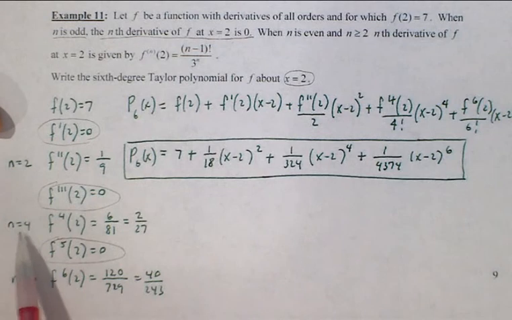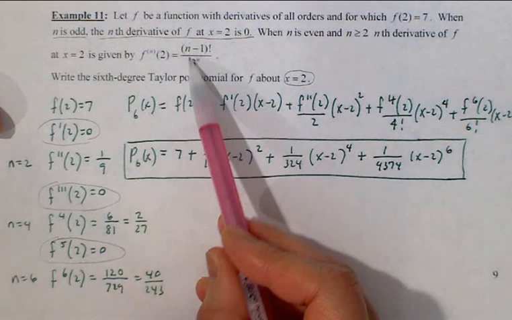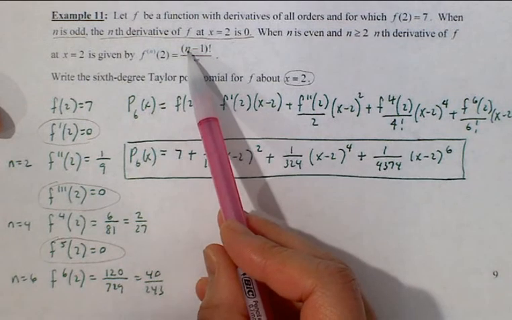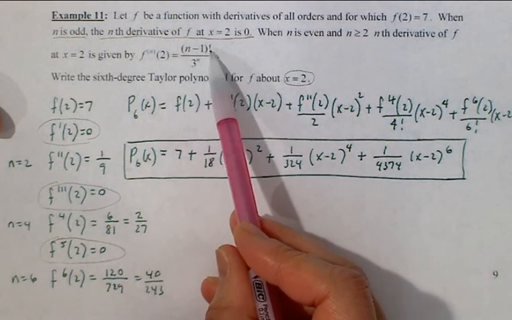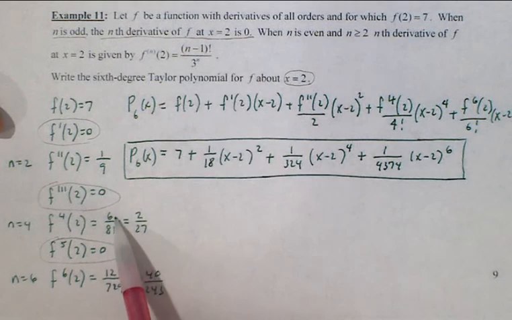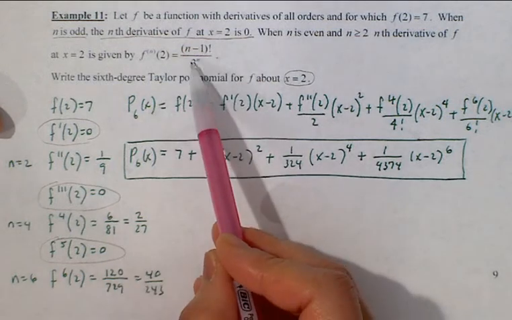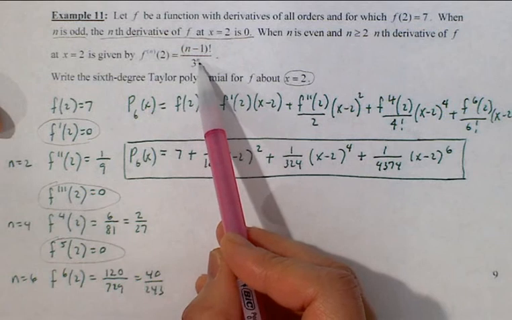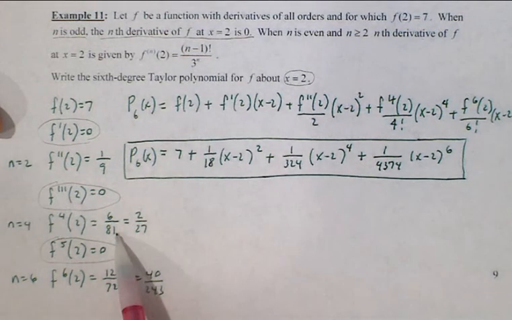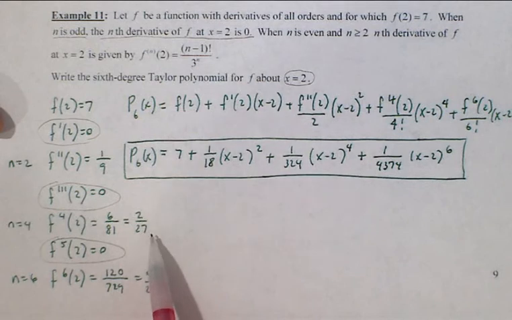Okay, for the next one, it's the fourth derivative, so I'll be putting in 4 for n. So it's 4 minus 1, that's 3 factorial, which is 6, all over 3 to the fourth power, which is 81. And that gives me a reduced answer of 2 over 27.